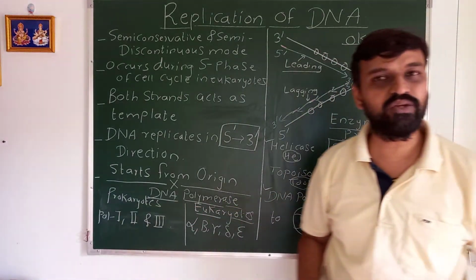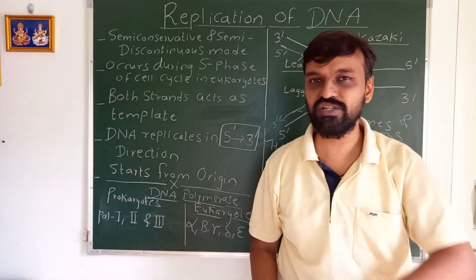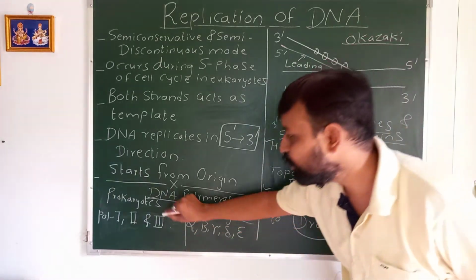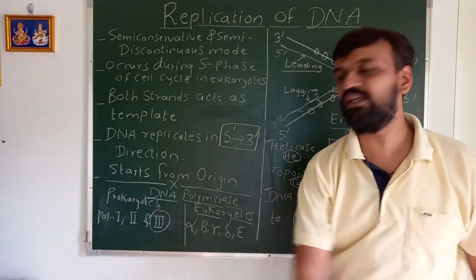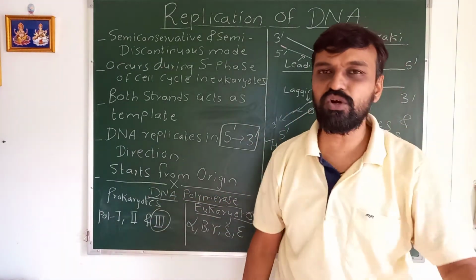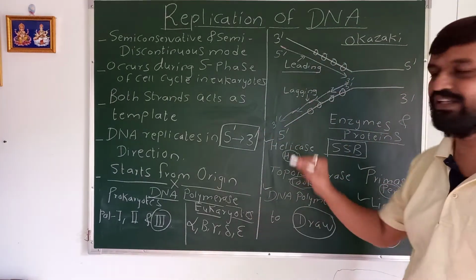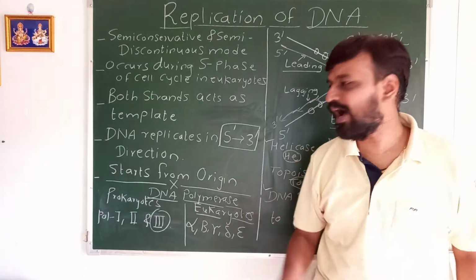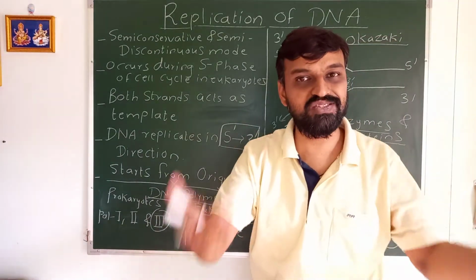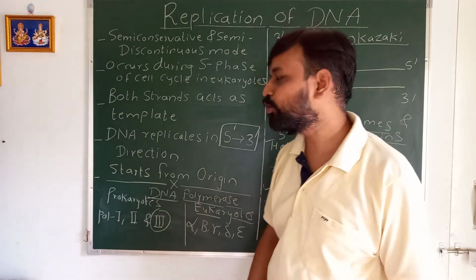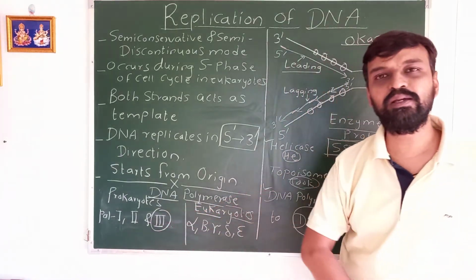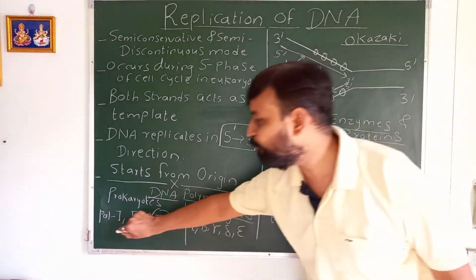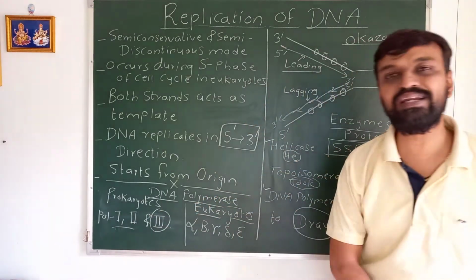In prokaryotes, these three are the major enzymes, out of which DNA polymerase 3 plays the major role in all these activities, while DNA polymerase 1 and 2 are considered repair enzymes. So please take a note of this. DNA polymerase 3 plays a major role, while 1 and 2 are repair enzymes.